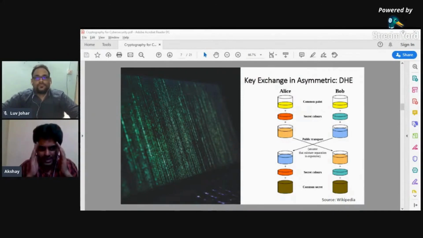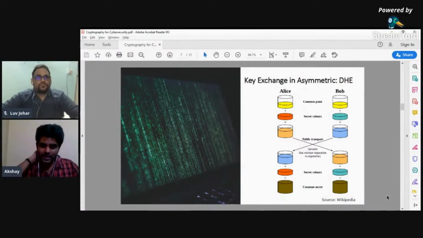To understand the concept of key exchange in the sense of how Diffie-Hellman implements it, for anybody who wants to understand Diffie-Hellman in a simpler way, Wikipedia has the best image out there. I could not find a simpler way to explain this key exchange.